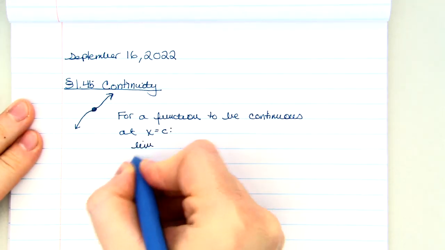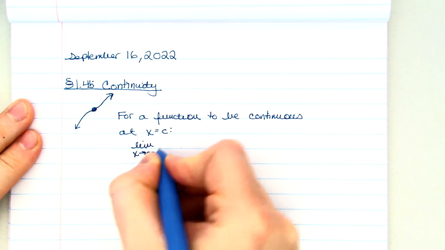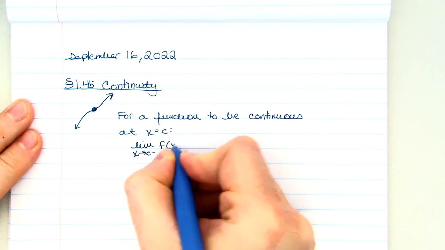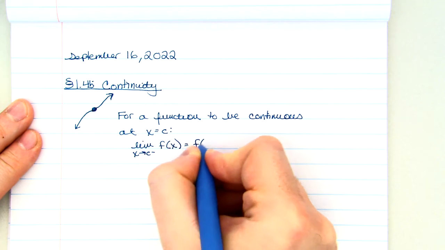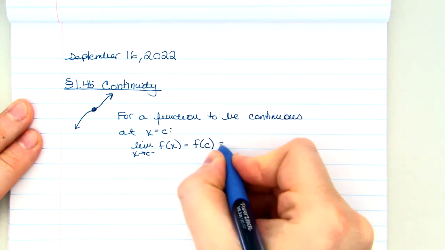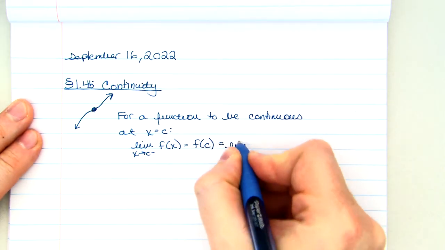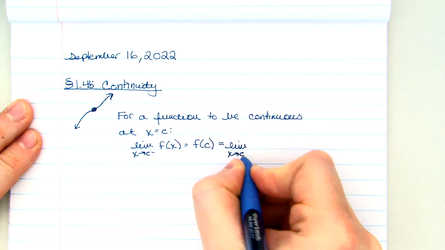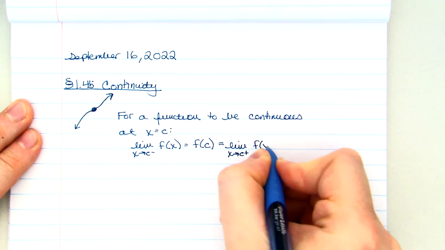The limit as x approaches c from the left of f of x must equal f of c. Notice not f of x, but f at that particular c value must equal the limit as x approaches c from the right of f of x.